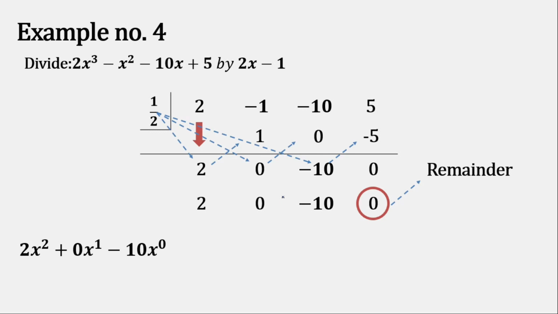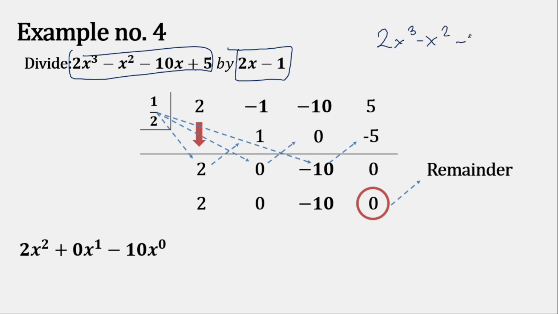Now let's put the variable on it. Now remember a while ago, we divided the divisor by 2 and we got this number. Now imagine if we're using long division here, we have 2x cubed minus x squared minus 10x plus 5.